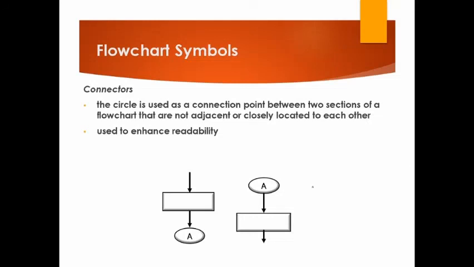For example, I will give you an example here. This is your paper. You have many flowchart symbols placed there. Imagine that. Then here is the connector. Your connector is A.